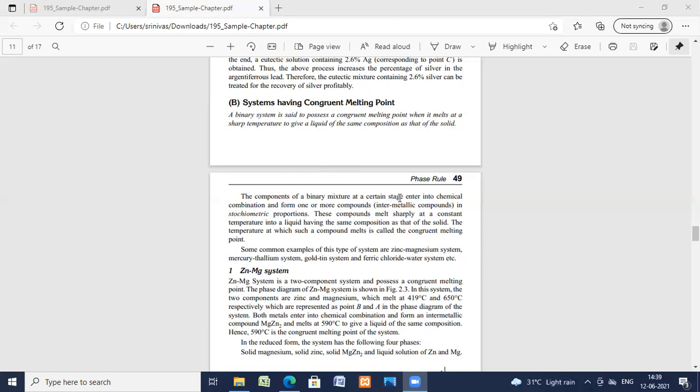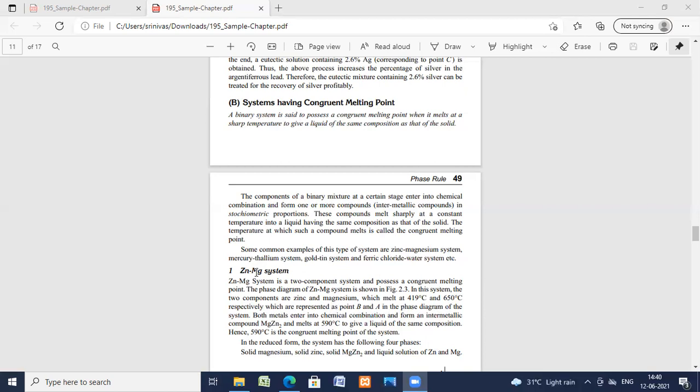When you mix the binary mixture, at a certain stage they enter into chemical combination and form one or more compounds, that is, intermetallic compounds, in stoichiometric proportions. They melt at constant temperature with no change of composition, the composition being the same as that of the solid. That is called a congruent melting point system.